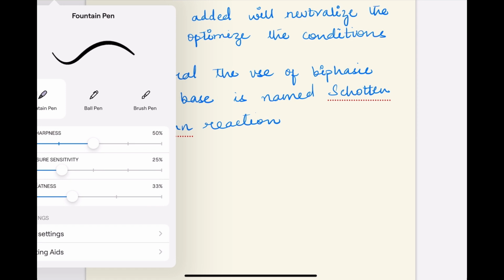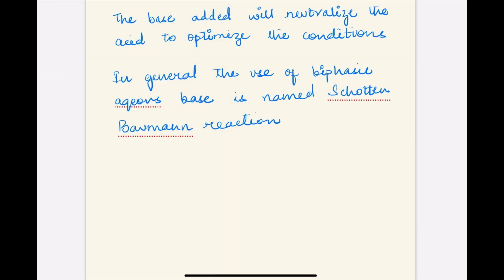The Schotten Baumann reaction can be done both on alcohols and amines. So let us write an example with an amine.